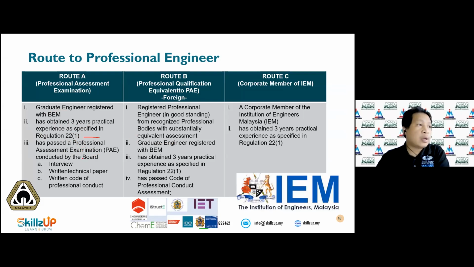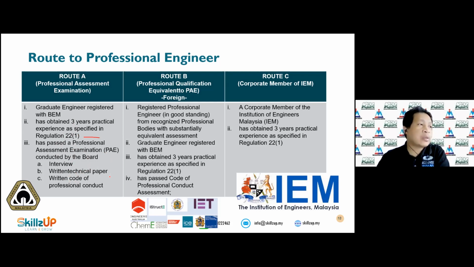Through the PAE we have an interview, normally 45 minutes, a written technical paper, and a written essay exam on the ethics of professional conduct. Once you manage to pass the PAE, you will be informed by the Board of Engineers that you have completed the PAE.